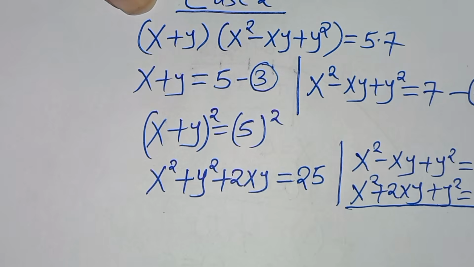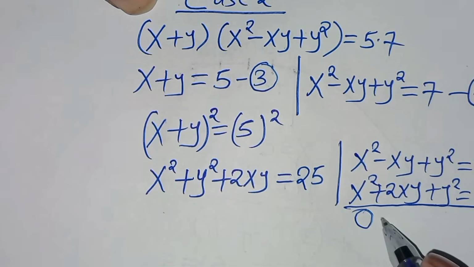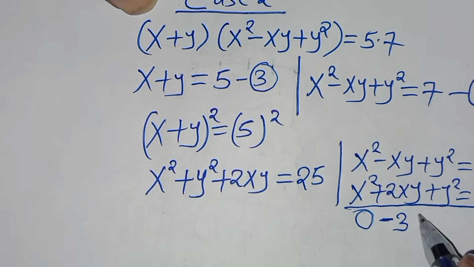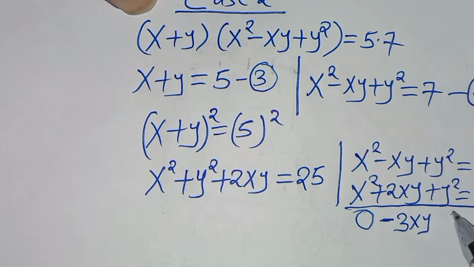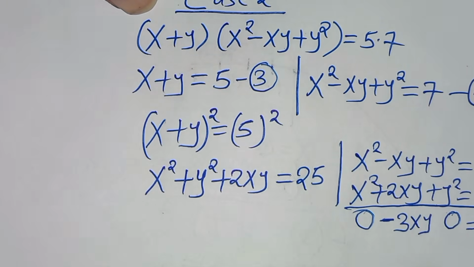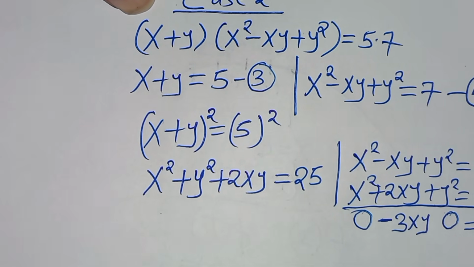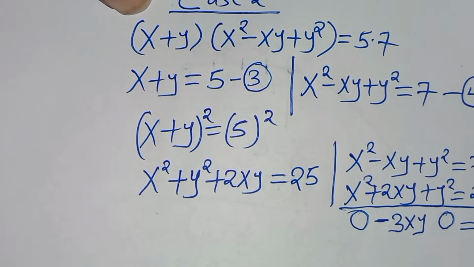So x squared minus x squared, this is equal to 0. Minus xy minus plus 2xy, this becomes minus 3xy. Then y squared minus y squared, this is equal to 0. This is equal to 7 minus 25, and this is equal to minus 18.